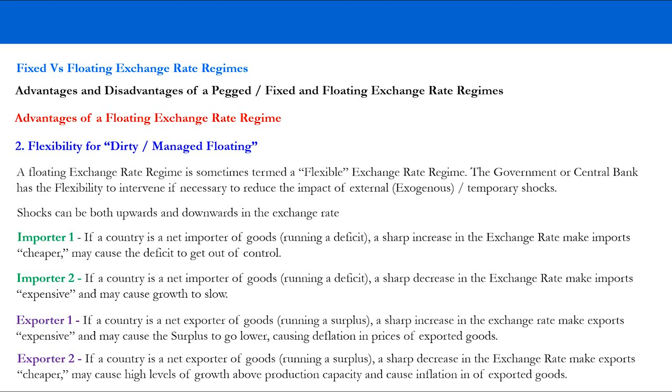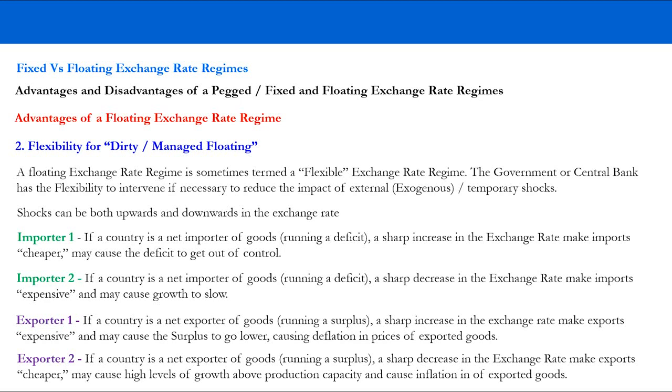So if, for example, you're an importer, so you're a country that's a net importer of goods, so you're running a deficit, a sharp increase in your exchange rate due to an exogenous shock, so a shock that's outside of your control, can make imports cheaper. And that can cause a deficit to actually get out of control. What if you're a net importer running a deficit and there's a sharp decrease in the exchange rate?